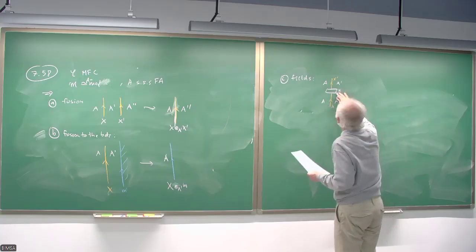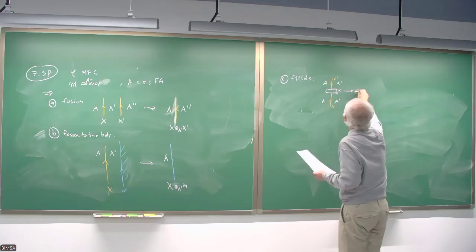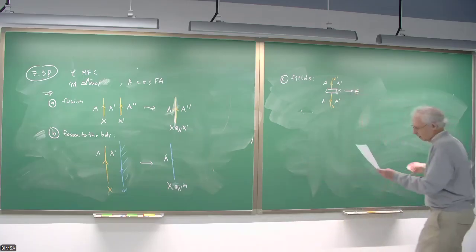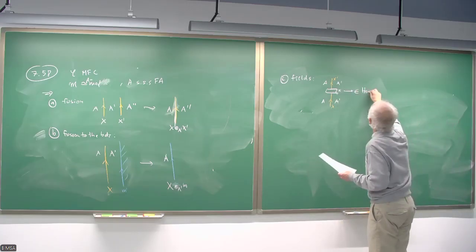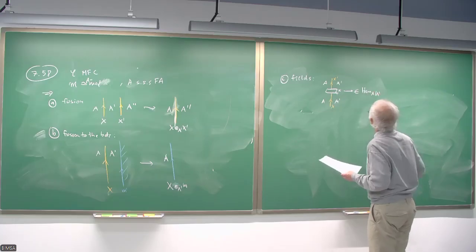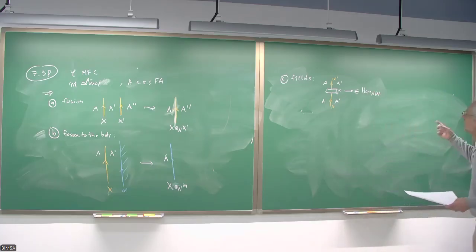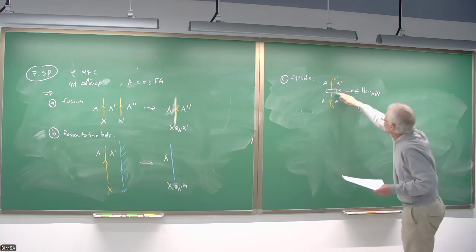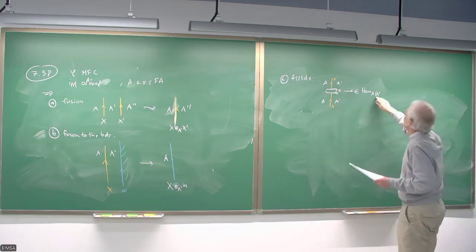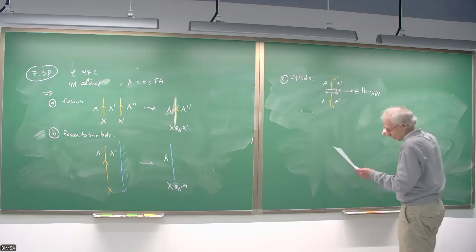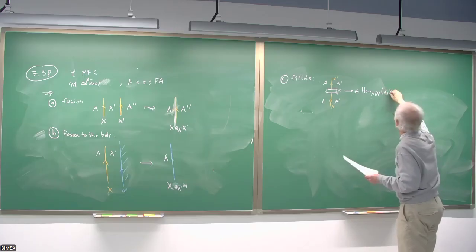And then the labels for these morphisms correspond to elements of the bimodule morphisms between X and X prime.